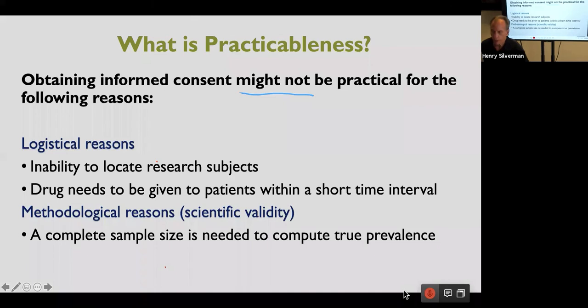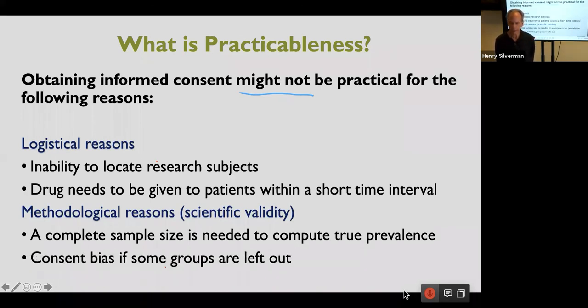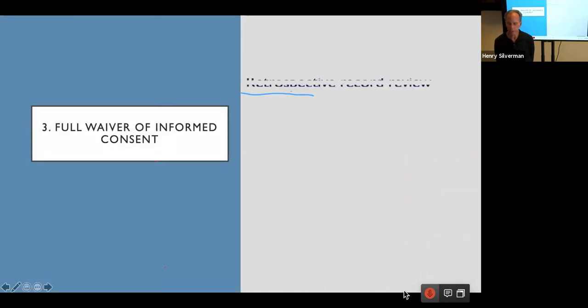If we want to do research and calculate the true prevalence, we may need to have a complete sample size, and that's similar to the concept of consent bias. If we thought that in some types of minimal risk research, there may be selected participation leading to consent bias, that may go against the integrity of the research.